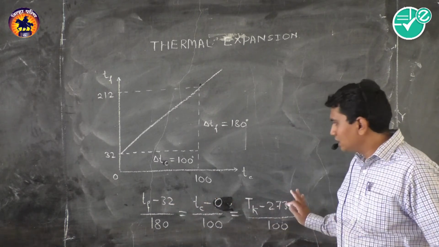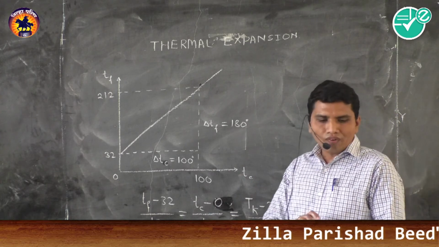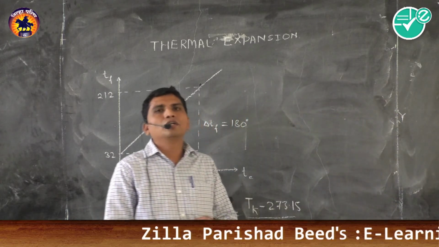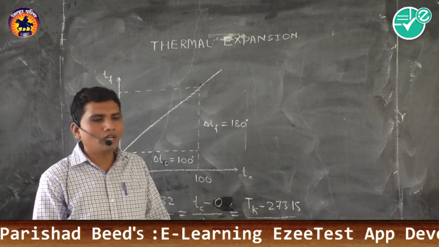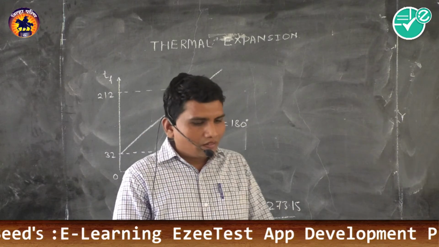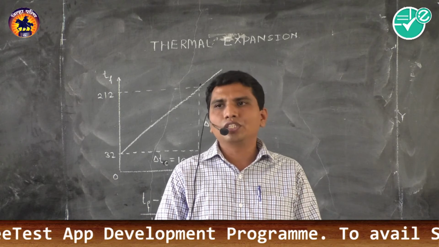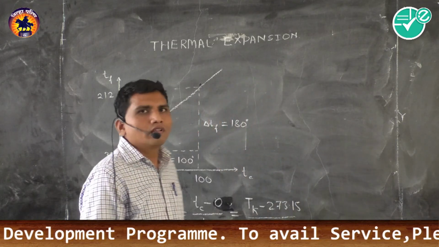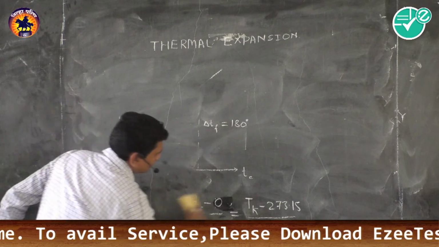You have to remember this equation here. Using this relation, we can find the conversion factor between the three scales. So this is all about the relation between the different scales of temperature. Now we will study the next article.